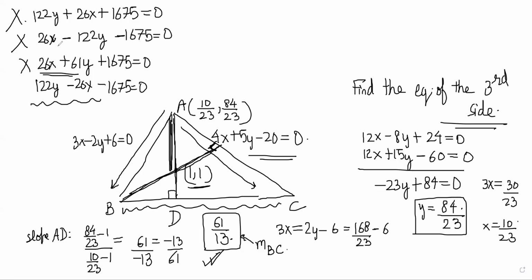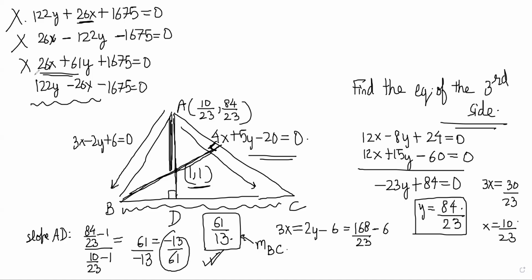I feel like I'm making a mistake with the slopes here. Wait, 61 by 13 is my slope. So I'm checking it incorrectly, right? 61 by 13 I have to check. Here I'm getting 26 on top, so that won't work. This is wrong. Here I would get a 26 on top again.